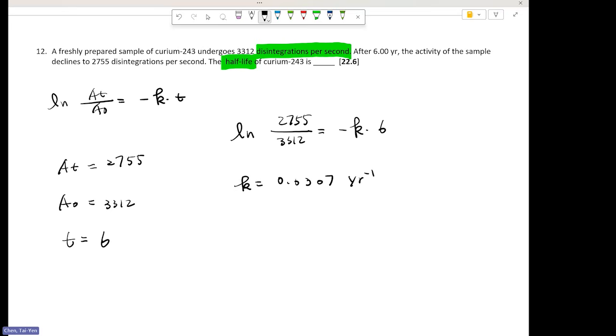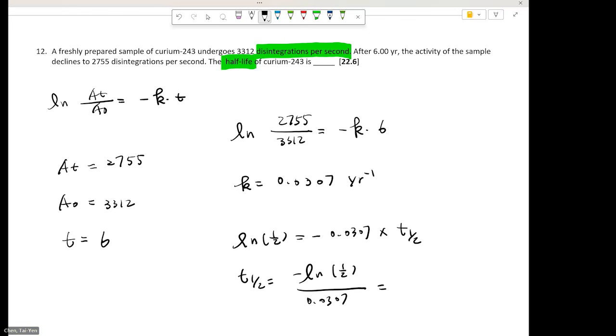But they are not asking for k, it's asking for t half. t half means ln(1/2) equals negative 0.0307 times t half. You're still using the same equation, but the natural log term is ln(1/2). Therefore, t half equals ln(1/2) divided by 0.0307, which gives a value of 22.6 years.